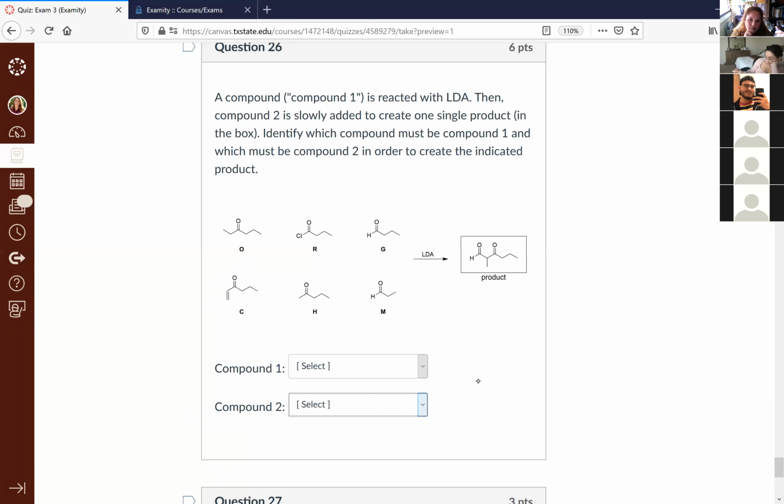So the first thing that I would do is think about how this connection is made. So we ended up with a beta keto aldehyde of some sort. So what does that tell us about the compound that we're attacking? Can this be a reaction between 2 aldehydes, or an aldehyde and a ketone, or 2 ketones? Would that ever make this?